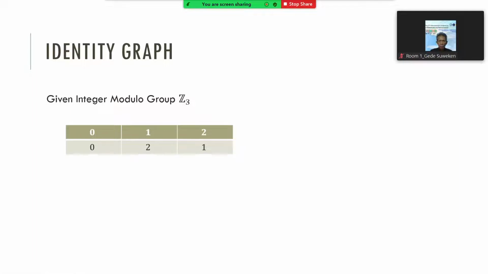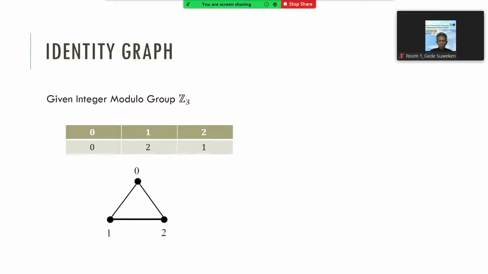The binary operation is addition. The inverse of 1 is 2, and the inverse of 2 is of course 1. So 1 and 2 have an edge, and we can draw the graph like this. Remember that the identity element, zero, always has an edge to any element.